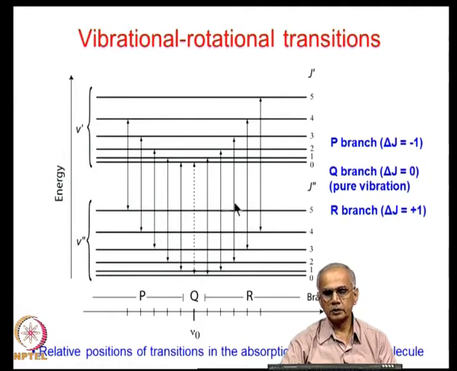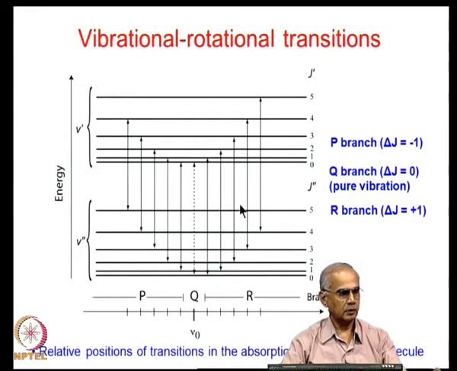And all of this can occur at the same time, because you may absorb a photon with this frequency here to have this transition, and the next photon may have a slightly higher frequency, showing a transition here. So, the spectrum you see of a vibration rotation band of a molecule will show many lines, and we will show many examples of that in this lecture.